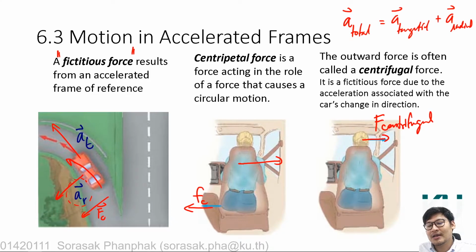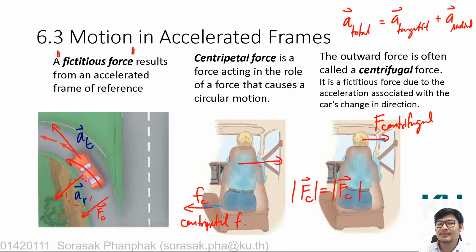Since this one is pointing in the opposite direction of the centripetal, but the magnitude of the centrifugal and centripetal are exactly the same. Fc equals this Fc in terms of magnitude only. The direction is different. That is how you determine the centrifugal force that you feel in a system that is being accelerated by cornering.